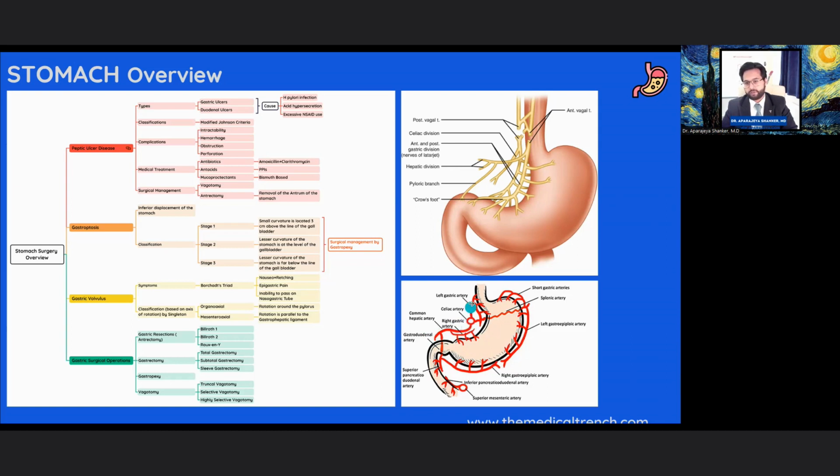And of course, the left gastric artery supplies the gastroesophageal junction here. The splenic artery eventually gives off the short gastric arteries and the left gastroepiploic artery. So just keep this in mind, and at the relevant operative sections, this image will be there to aid you in your revision of the operating procedure.